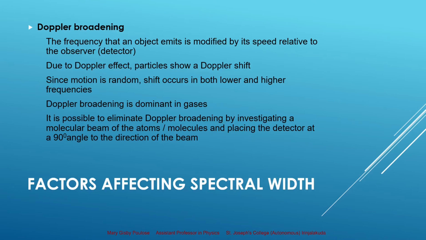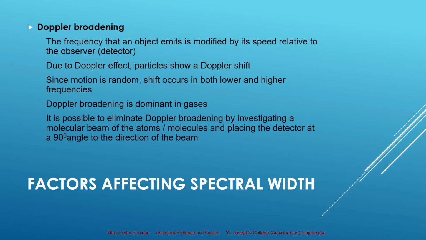Hence, due to the random movement of these atoms or molecules, these particles show Doppler shift. The motion being random, the shift can occur both in the lower and higher frequencies. This effect, the Doppler broadening effect, is dominant in gases.